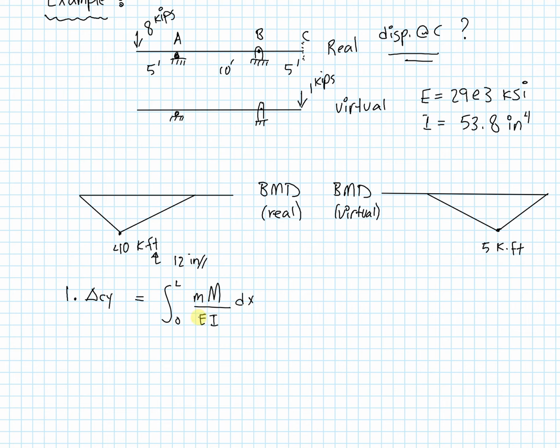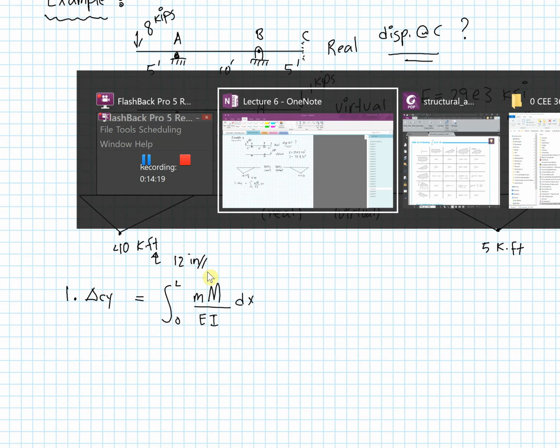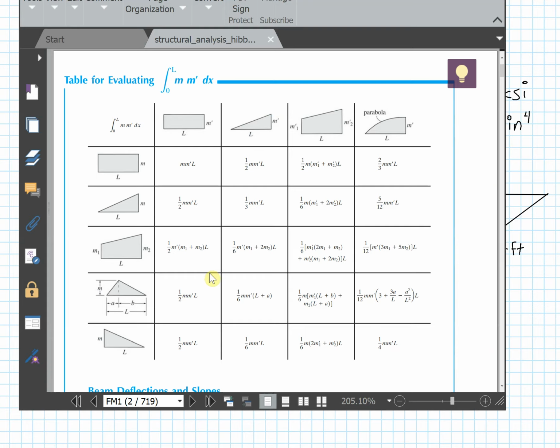Anytime you're faced with an integration like this, you typically need to refer to some sort of integration table. In this example, we're going to use the integration table available in the textbook I'm using, Hibbeler, 8th edition.